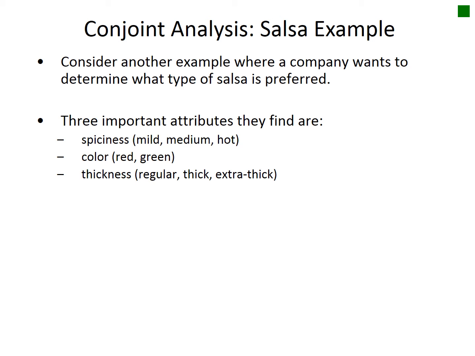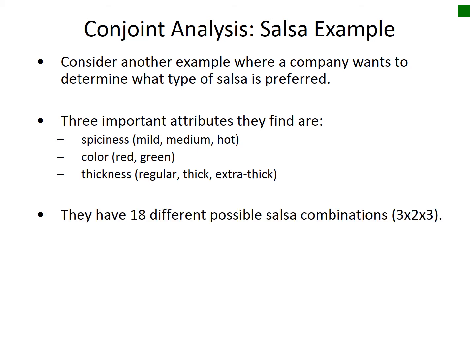We have the color of the salsa, red or green, and then we have the thickness of the salsa: regular, thick, and extra thick. So we have 3 attributes, and we're going to have 3 times 2 times 3, so there's going to be 18 different product variations.